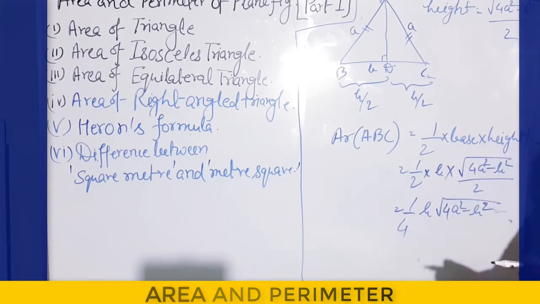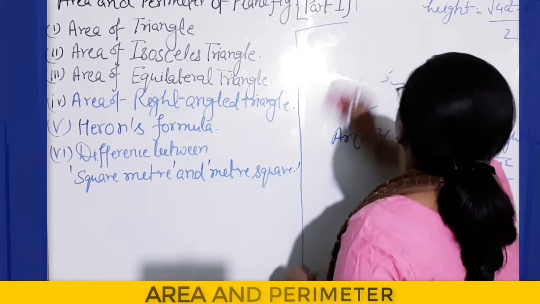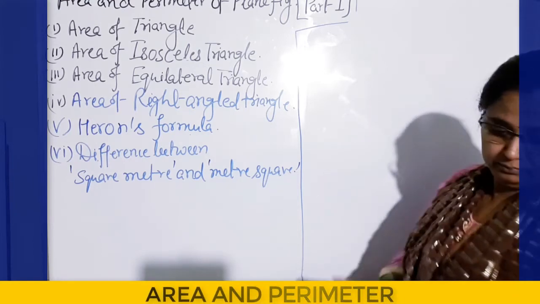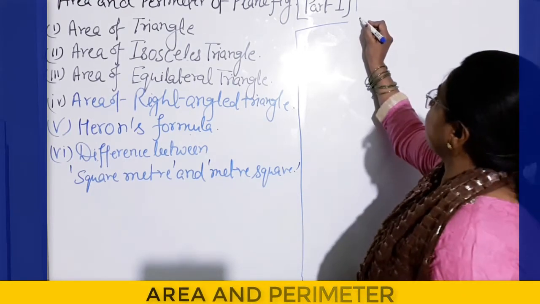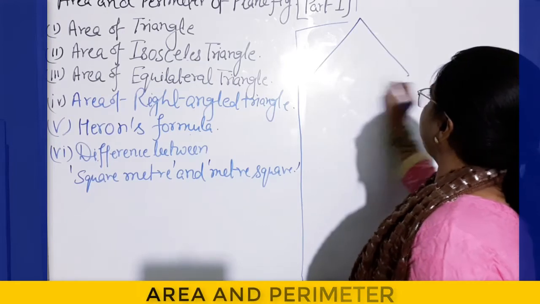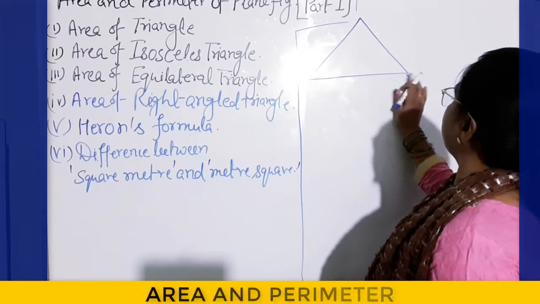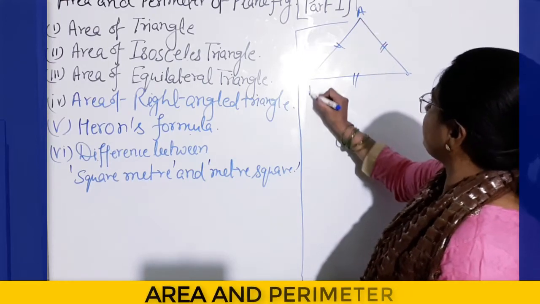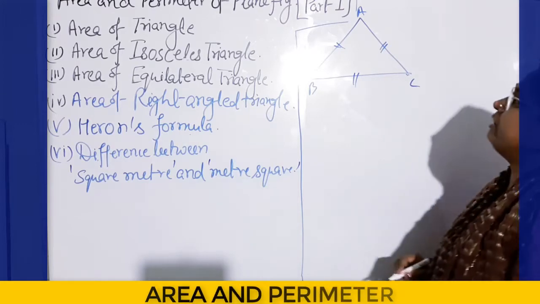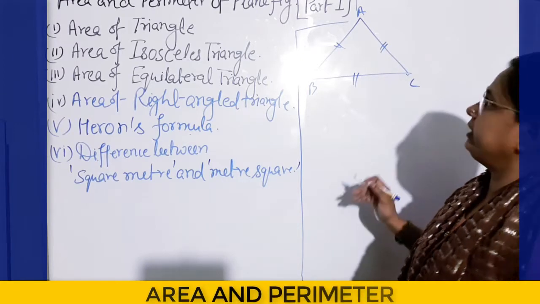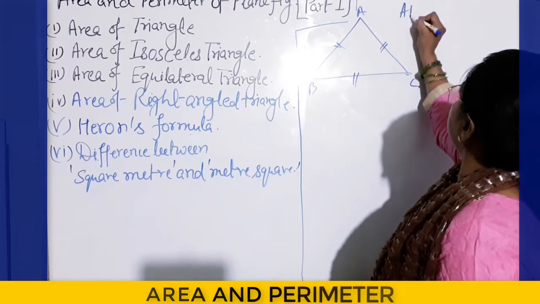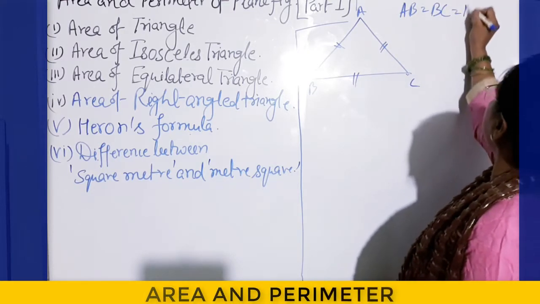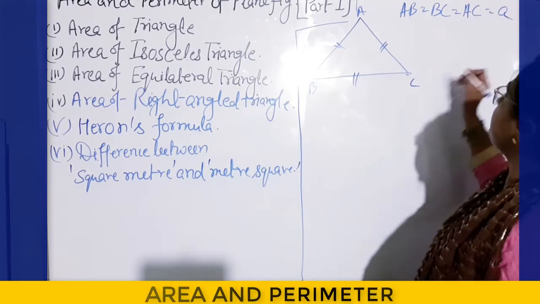Next, for equilateral triangle. An equilateral triangle is the triangle in which all sides are equal. Suppose ABC is an equilateral triangle. If all sides are equal, suppose AB is equal to BC is equal to AC, and suppose it is a.